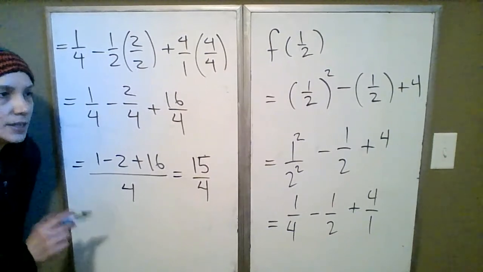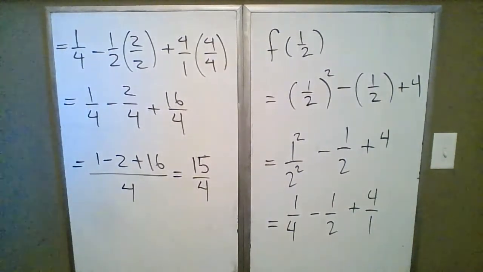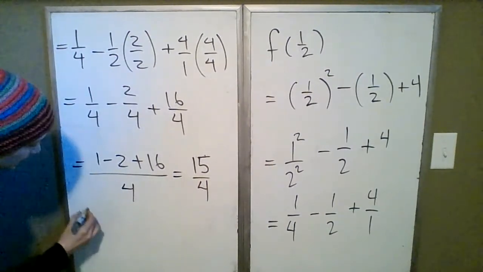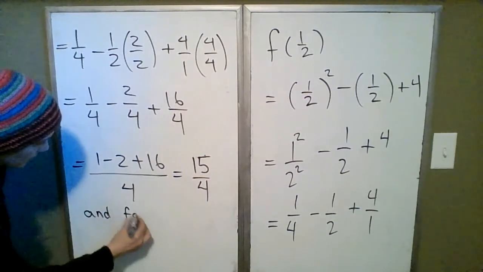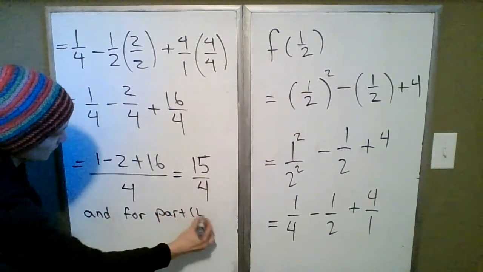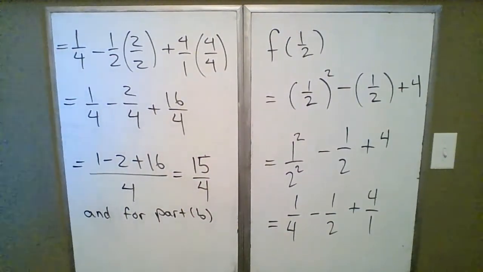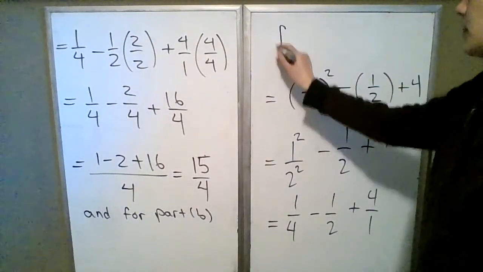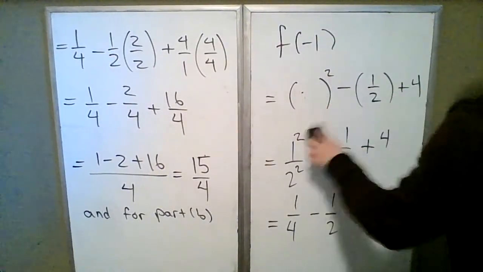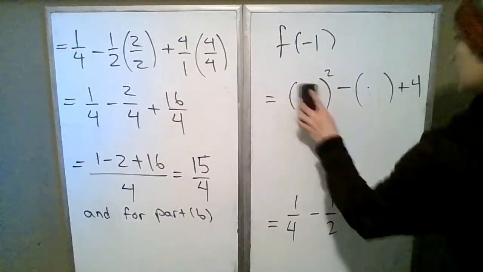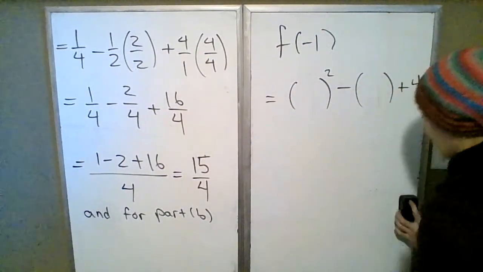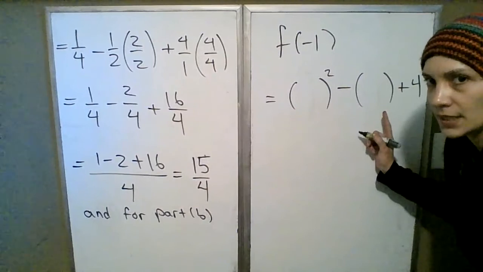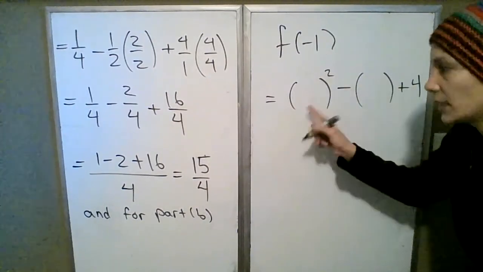Okay. Let's try the other problem. We're putting in negative 1. Okay, so again, I like to put parentheses in place of all the x's and then put your input inside.